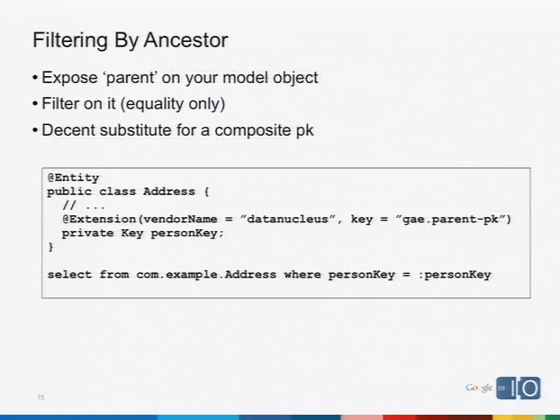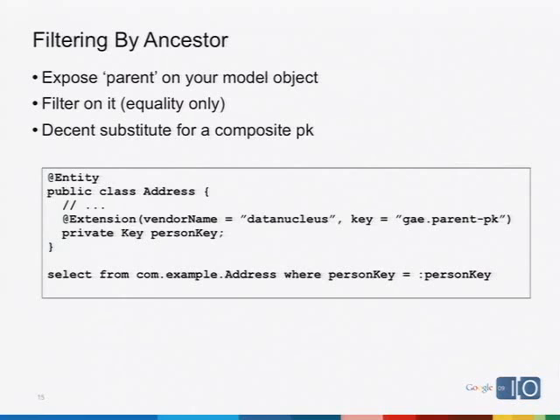If you were modeling this in the relational database world, you could think of this as a composite primary key. By using this extension annotation, which is not an App Engine-specific annotation, this is actually something that DataNucleus understands, we can tell the App Engine JDO and JPA implementation, hey, this is a parent. This is part of an ancestor.